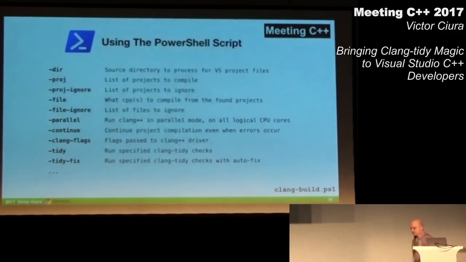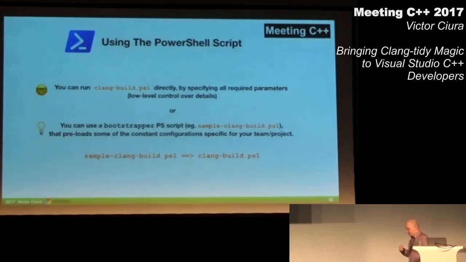Some switches, as I told you, it has lots more command line switches than this. These are some of the basic ones. Familiar PowerShell syntax for whoever has worked with that before.